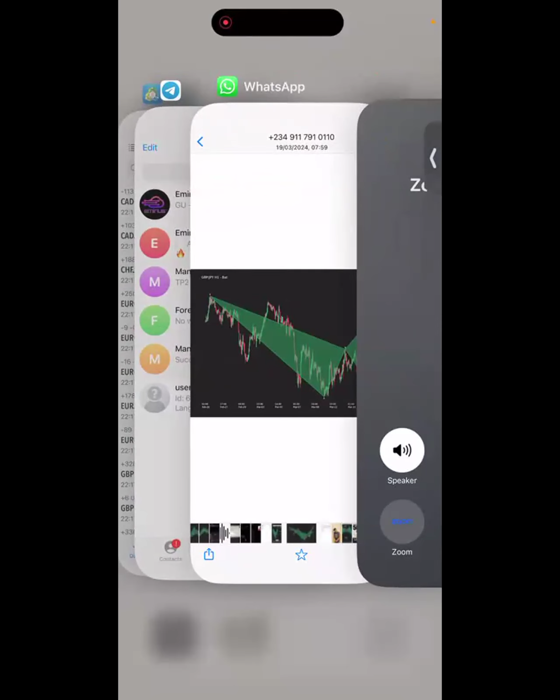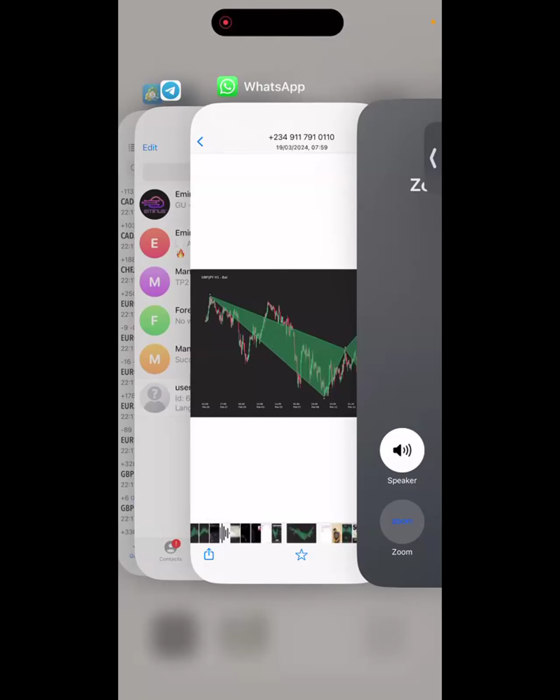Here on the WhatsApp signal group, you can copy and paste, but on your own on the bot, you've not done any proper analysis on it, and you've not checked the trend of the market and some other things. I'm not going to assume that you know how to do it. I know you don't know how to do it. So when it's on the WhatsApp signal group, it has already gone through some process.